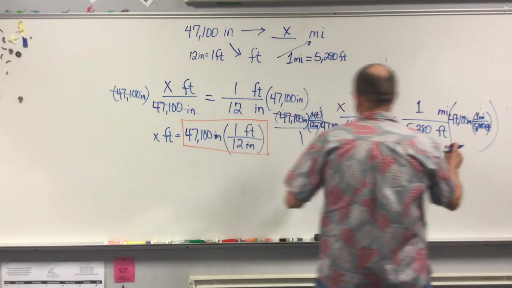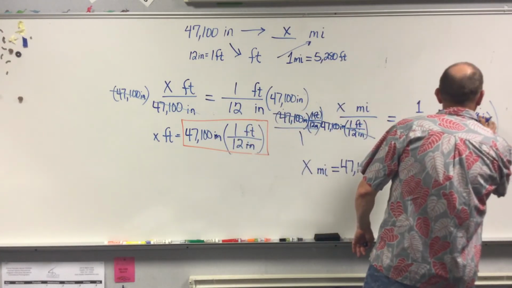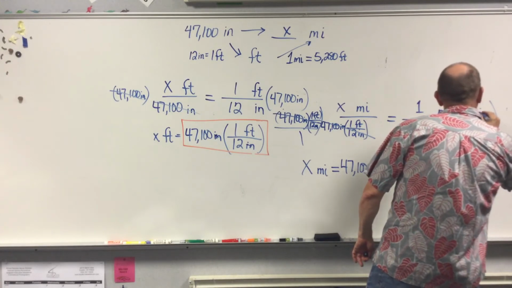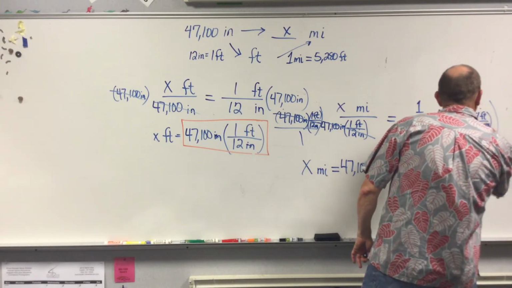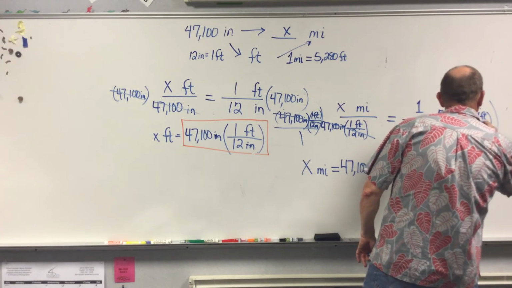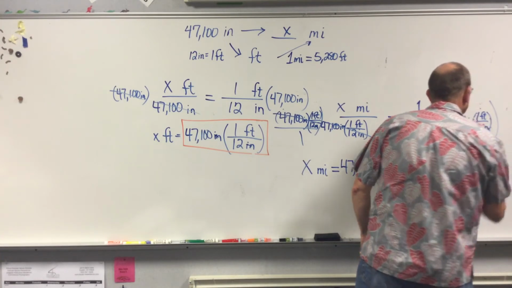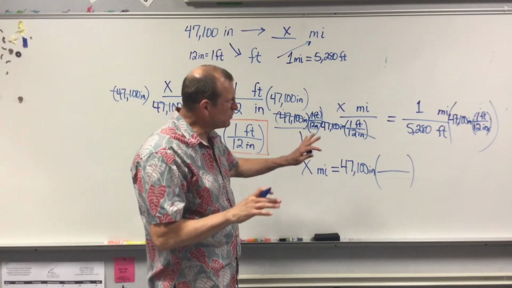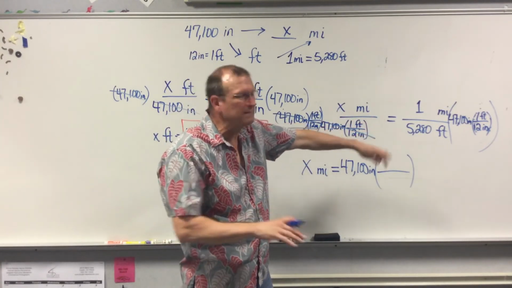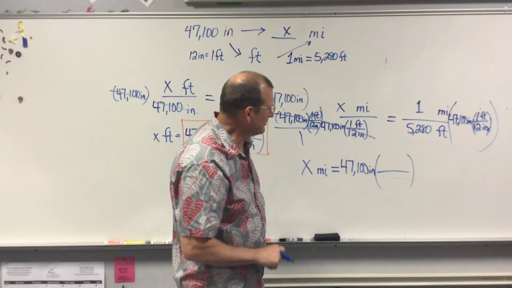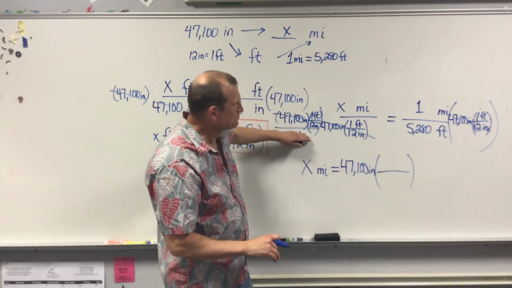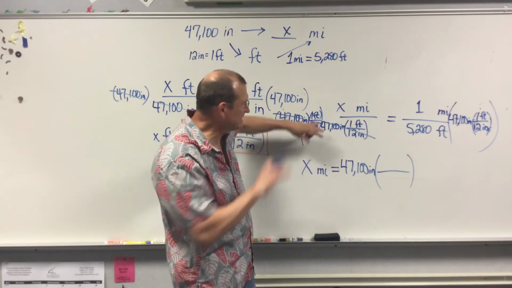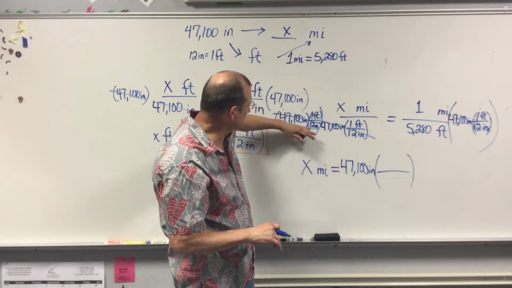Oh, somebody's got to correct me on this. This is my 1 foot, and this is my 12 inches. Damn. You guys are going to have to watch me when I'm in class. When I screw something up like that, you gotta correct me on that. So going back here, I was jumping ahead to my feet to mile thing, which is easy to get confused sometimes.